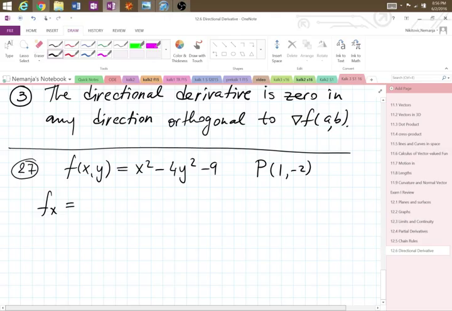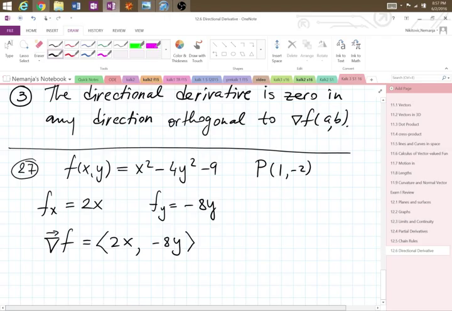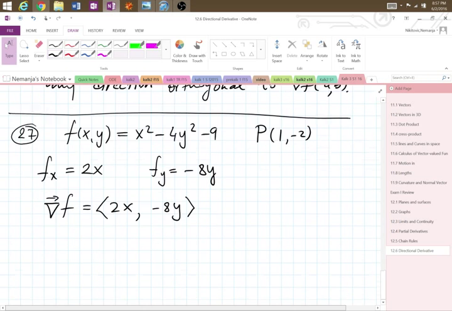So the partial derivative with respect to x is 2x. The partial derivative with respect to y is negative 8y. And now we can create the del vector. The del vector is given as (2x, negative 8y), and we claim that the steepest ascent is in the direction of the positive.